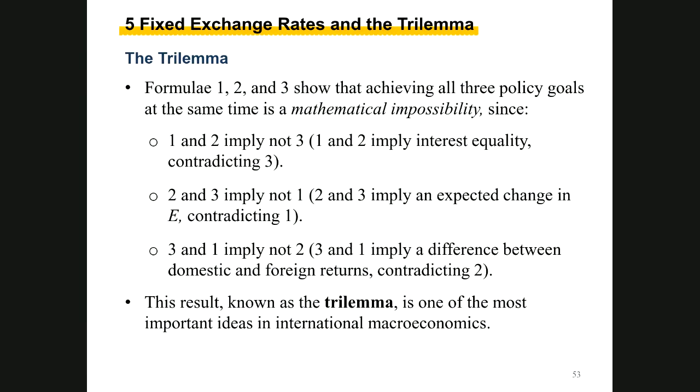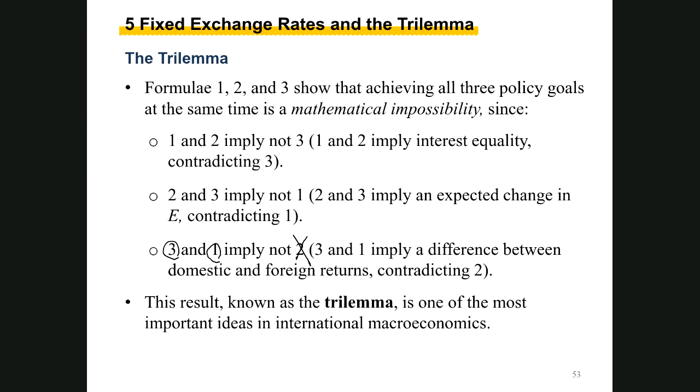So trilemma means if I have three conditions, only two can hold at the same time. If 1 and 2 hold, 3 will not hold. If 2 and 3 hold, 1 will not hold. And if 1 and 3 hold, 2 will not hold. That's the meaning of the trilemma: three conditions, only two can hold.